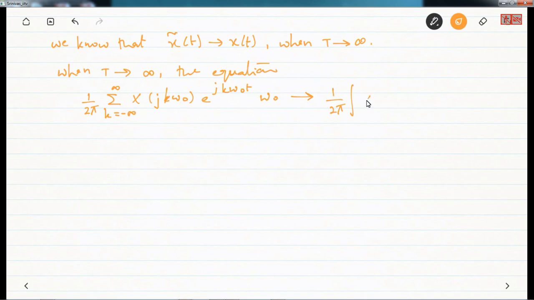So what it becomes is x of j omega e power j omega t d omega.